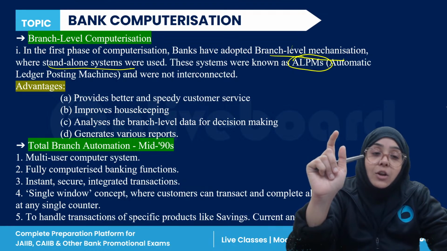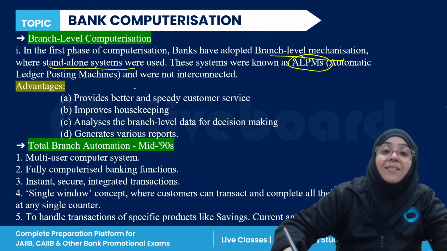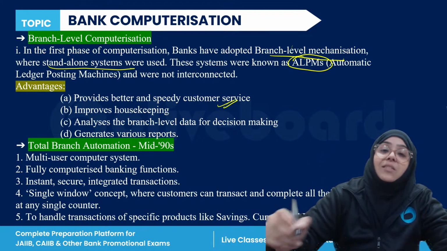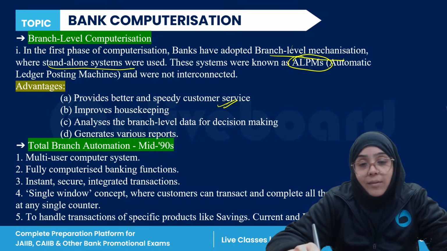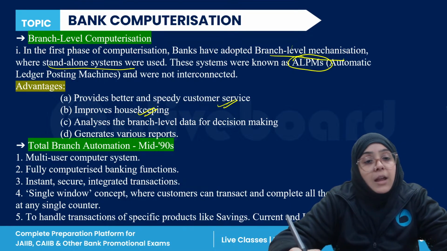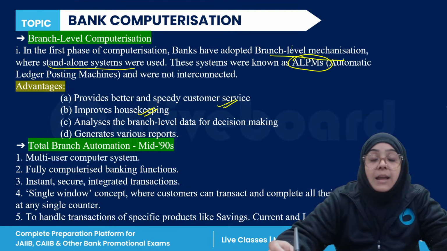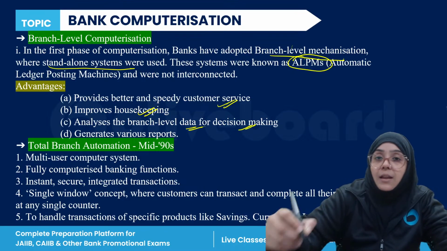What are the advantages of branch level computerization? First, it provides better and speedy customer service. Second, it helps to improve the housekeeping. Third, it analyzes the branch level data for decision making.